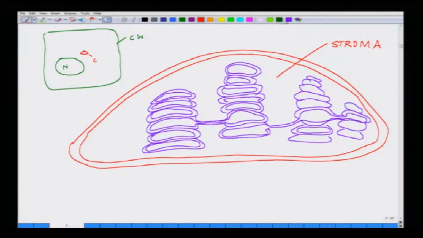This structure is called the thylakoid membrane, and this connecting link is called stroma lamellae.